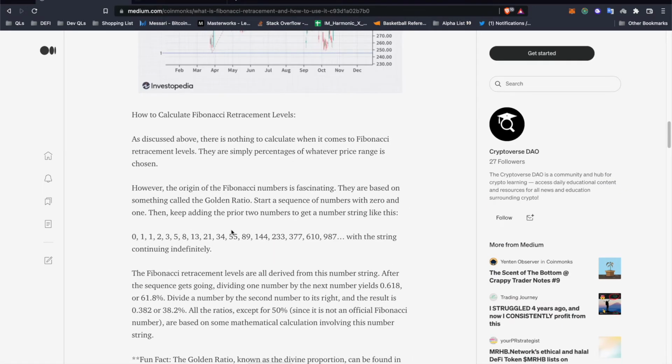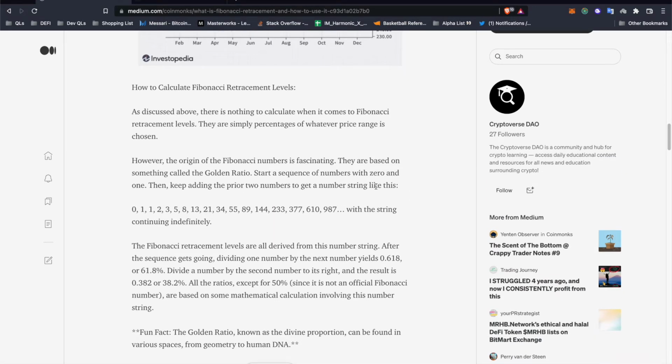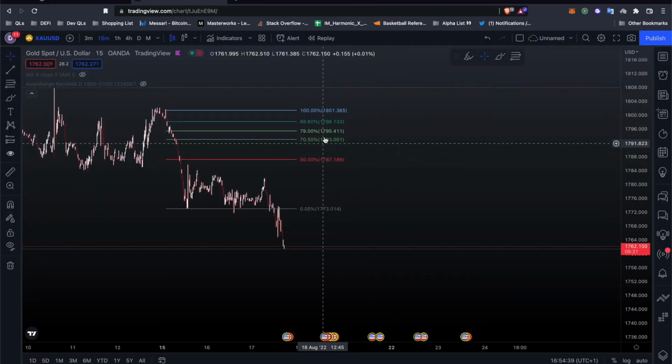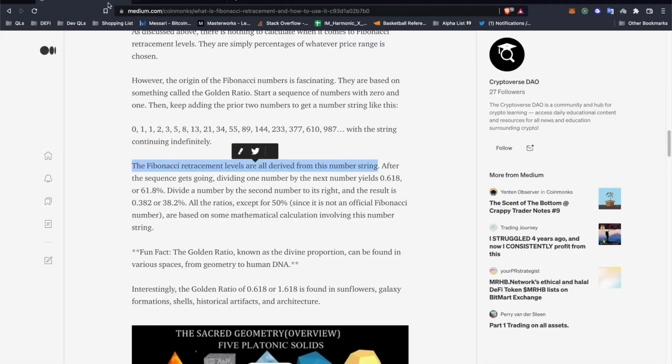So essentially the golden ratio: start a sequence of numbers with 0 and 1. Keep adding the prior 2 numbers to get a number string like this. So that's the Fibonacci sequence right there. Each number in the sequence is the sum of the 2 preceding numbers, and the string continues indefinitely. Fibonacci retracement levels, these percentages, are all derived from that type of sequence, right?